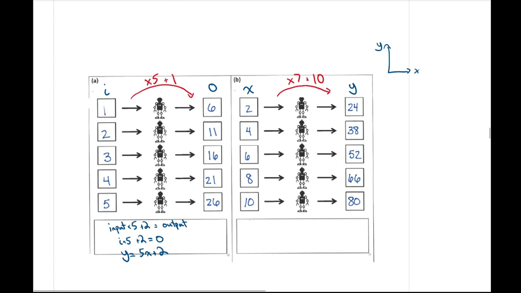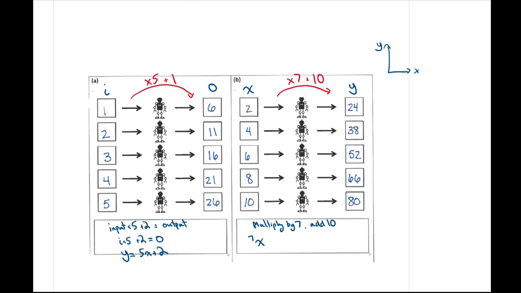Now, we already have our rule up there. We could write it out the long way. I'm going to write it out just in words, just so we can at least understand what we're doing. You might say multiply by 7 and then add 10. Mathematically, if we want a formula, I would say it's the x value multiplied by 7.